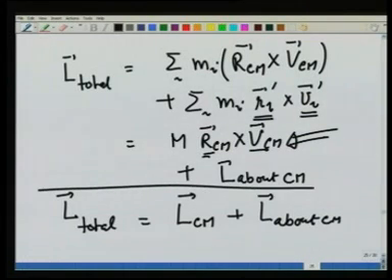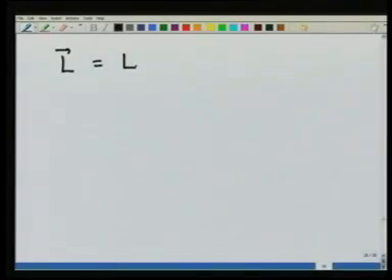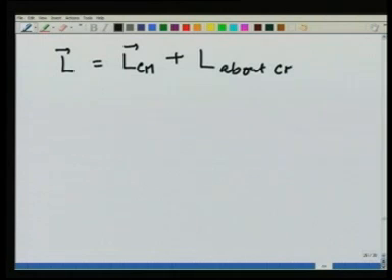This is a general result. Irrespective of whether a body is rigid or not, so you see we have not used the rigid body condition anywhere, the total angular momentum of the body is going to be a sum of the angular momentum of its center of mass plus angular momentum about the center of mass, L equals L CM plus L about CM.